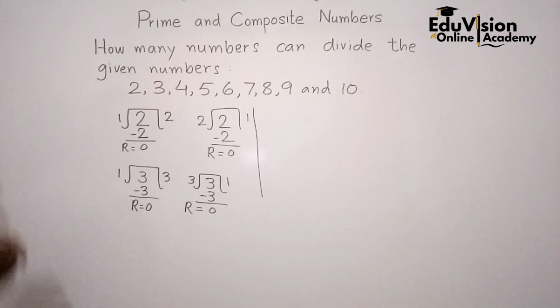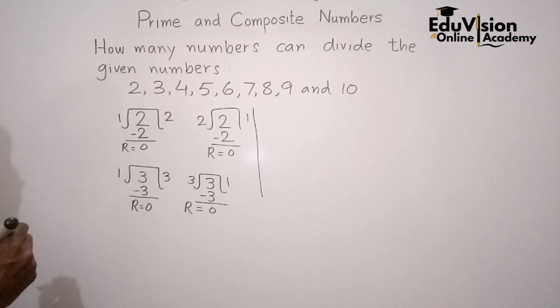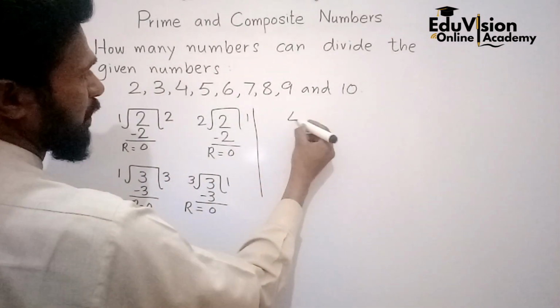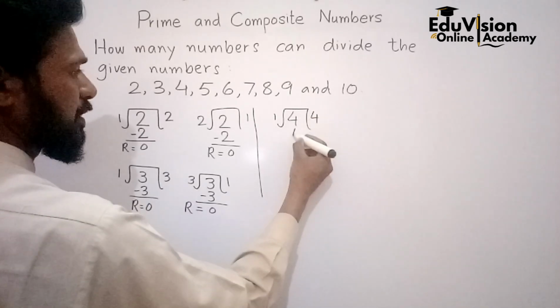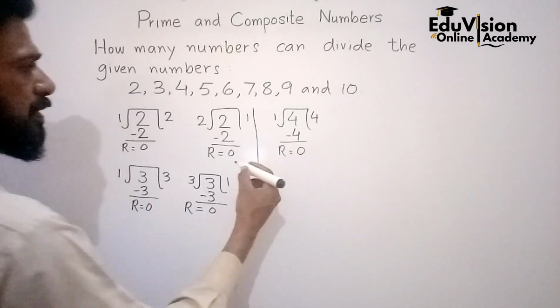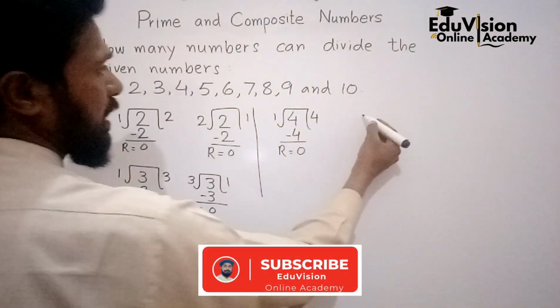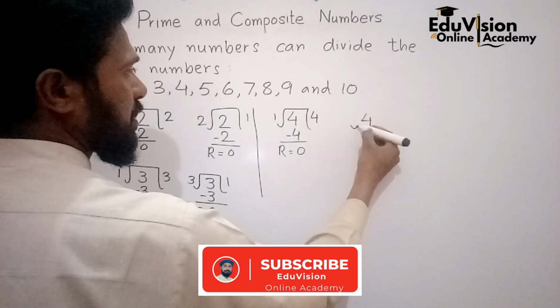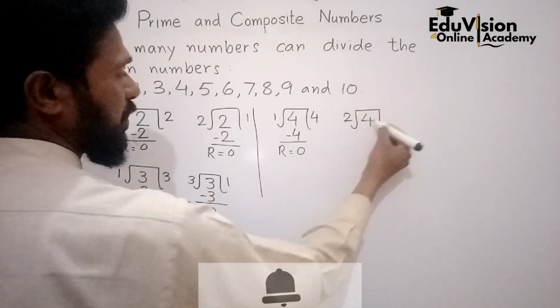Next, let's check out number 4 and find out how many numbers can divide it. 4 is divisible by 1. 1 4 times is 4. 4 minus 4 is equal to 0. Remainder is 0. 4 is completely divisible by 1. We can also check it by 2. 4 is divisible by 2.